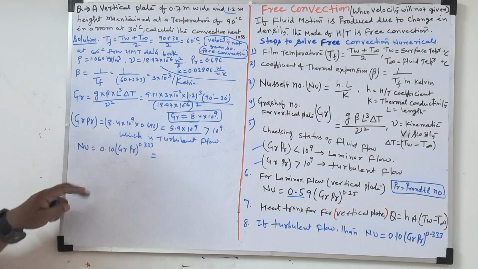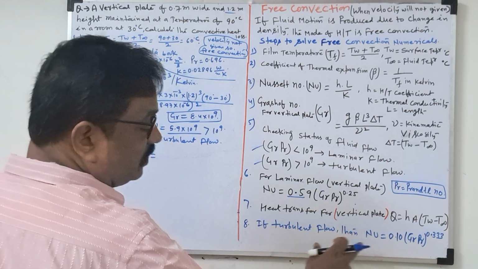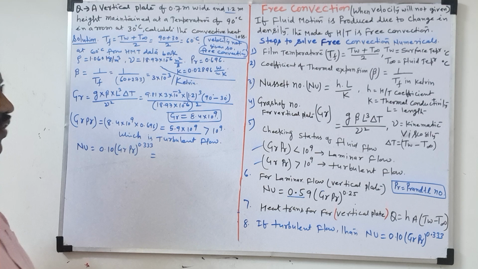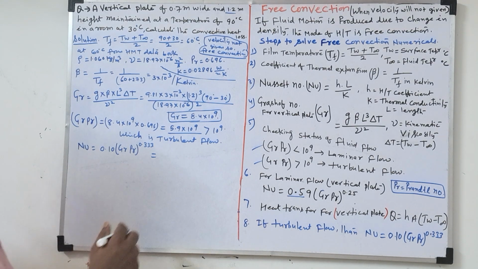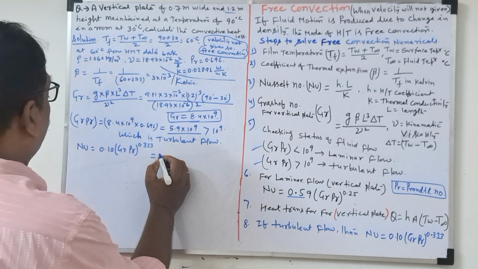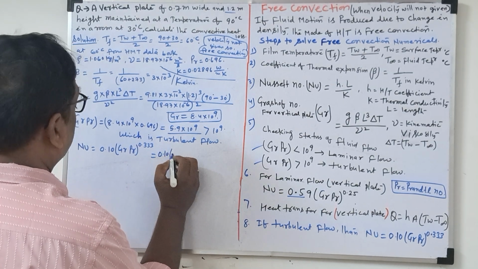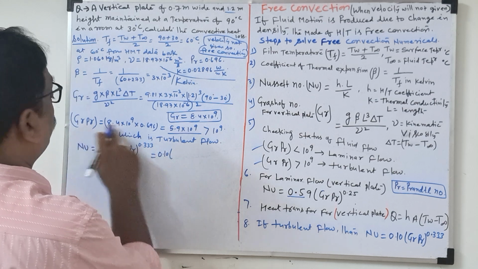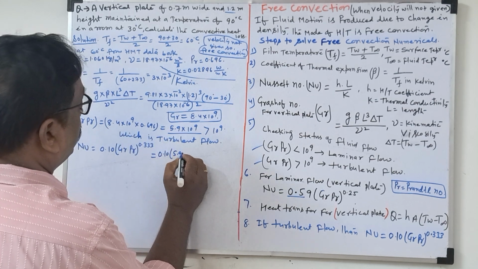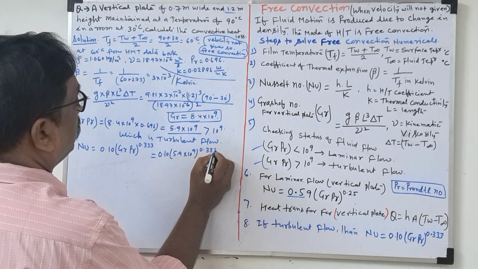This will be there in the data book, on page number 143, 144 or 145, depending on the edition. So we substitute here 0.10, then the Gr Pr value, 5.9 into 10 power 9, power 0.333.